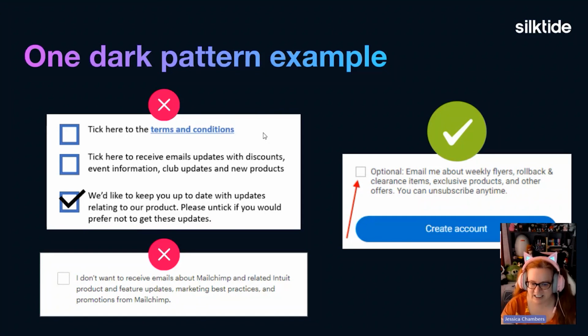Or untick if you don't want the updates. That's cruel. You should be doing things like an optional tick box to email me, right? You will find this a lot, particularly outside of Europe. But it's just one of many things that all fit dark patterns, where they're trying to quietly get you to do what they want. And honestly, it's a bit shady.